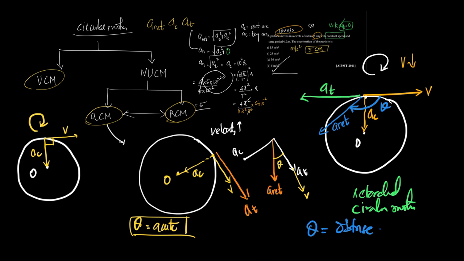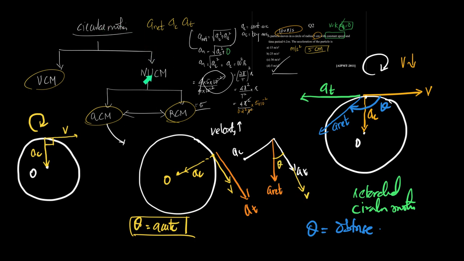That angle theta here is obtuse in nature. So, uniform circular motion: no tangential acceleration, only centripetal acceleration. Non-uniform circular motion, accelerated in nature: velocity and tangential acceleration are in the same direction, and the angle between the net acceleration and the velocity vector is acute.